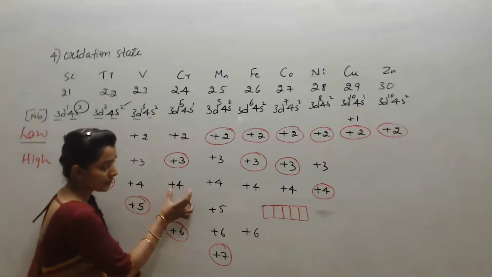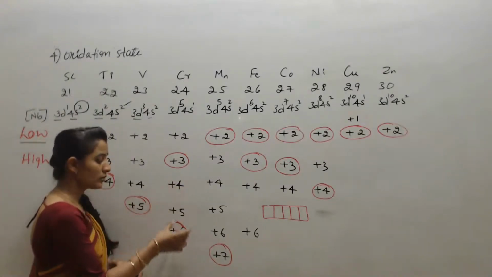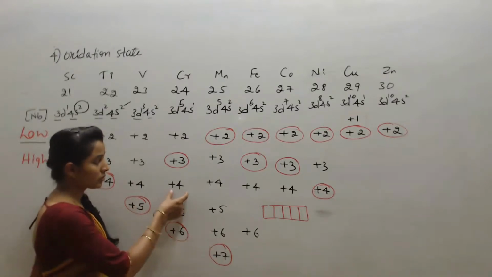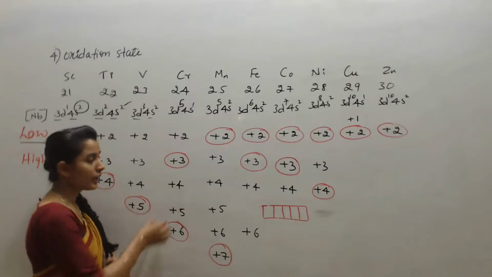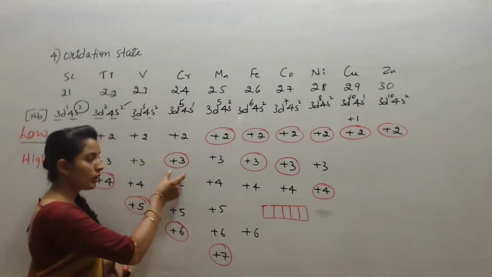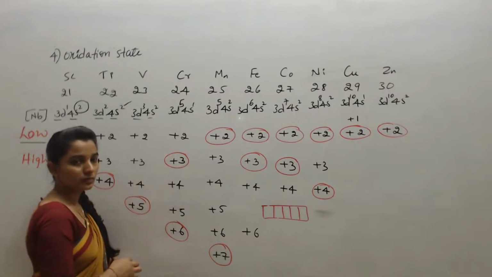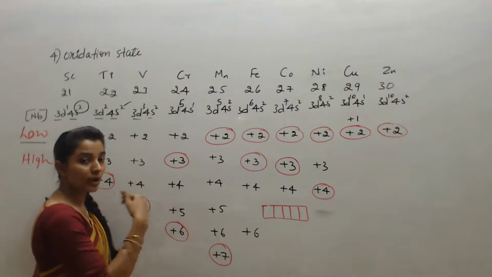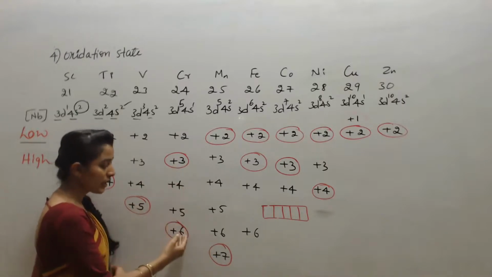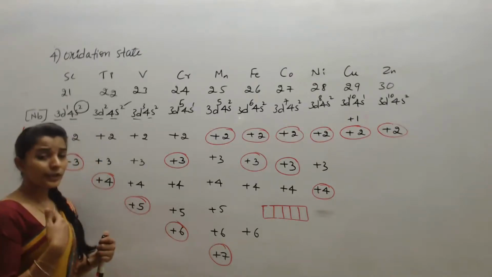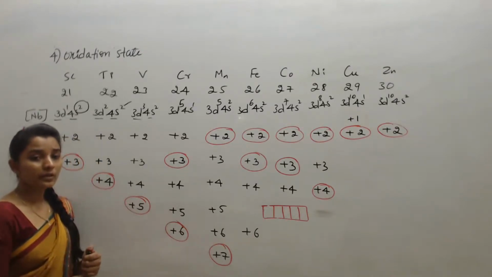So listen, if it is in plus 4 oxidation state and it wants to accept an electron, it may change to a plus 2 or plus 3 state. It has the capacity to accept an electron to be stable. If it is in a plus 3 oxidation state, it can donate electrons, losing 3 electrons to become plus 6 oxidation state, and it donates electrons to the respective species.